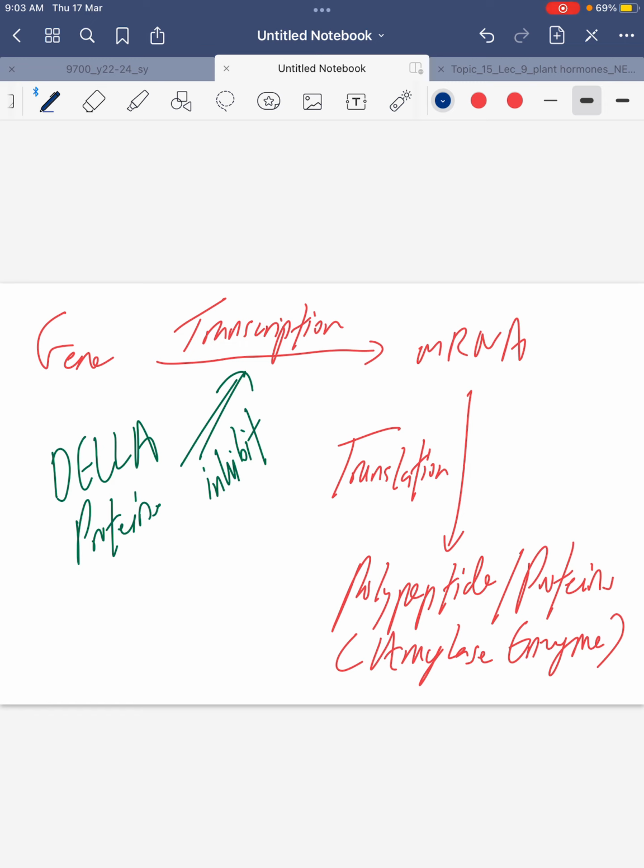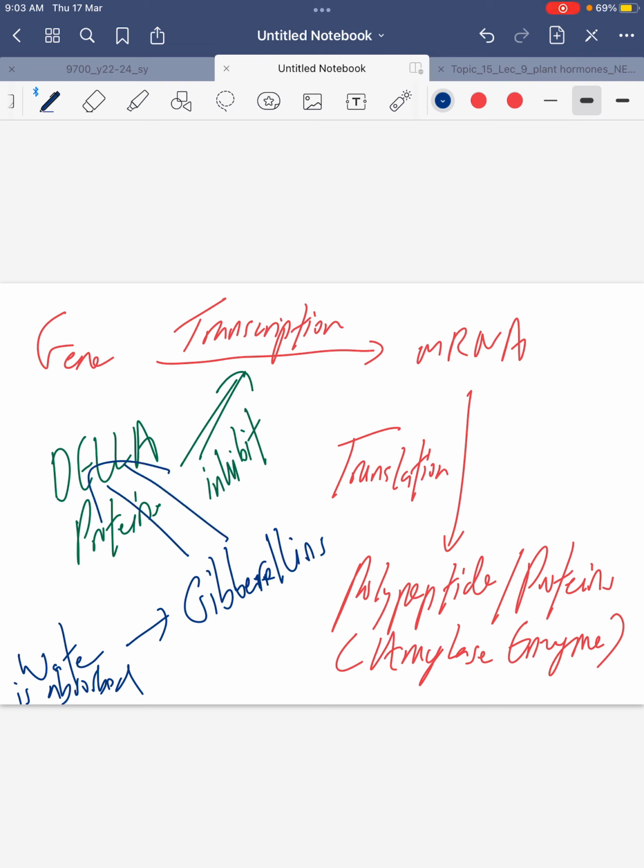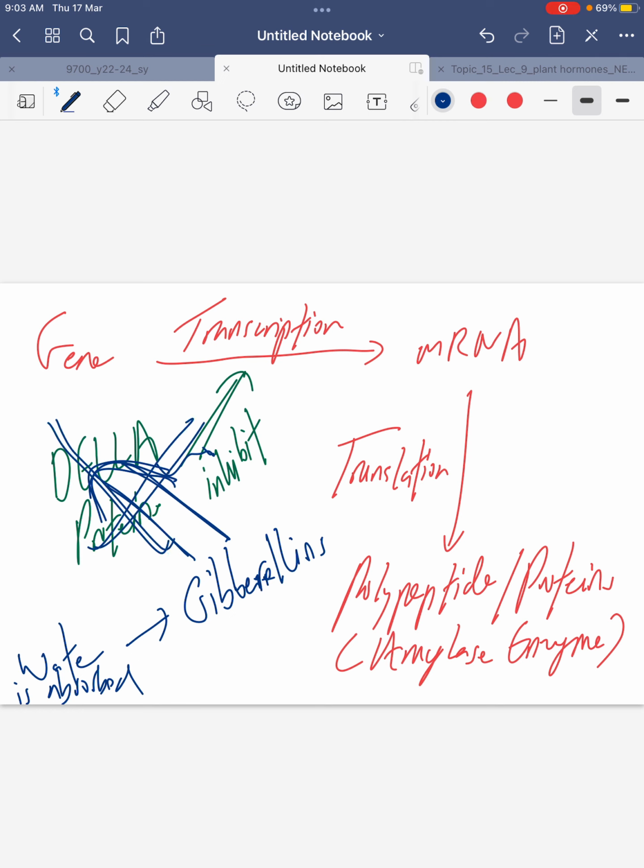So when water is absorbed by the seed, this will synthesize gibberellins. Now gibberellins will destroy or inhibit these DELLA proteins, and therefore this pathway can start.